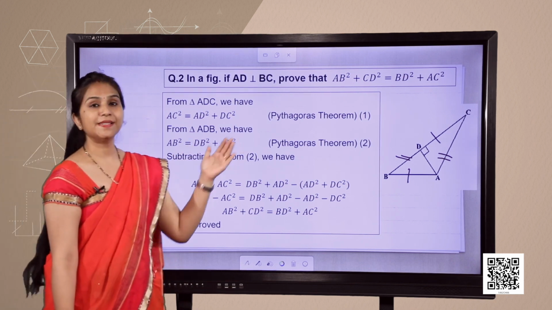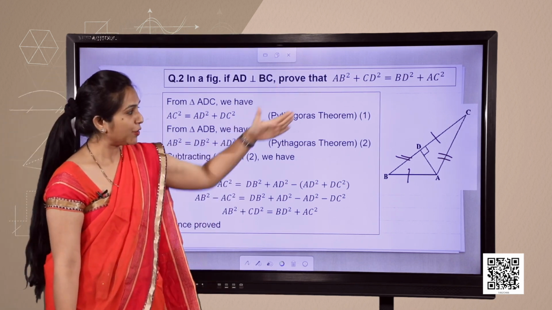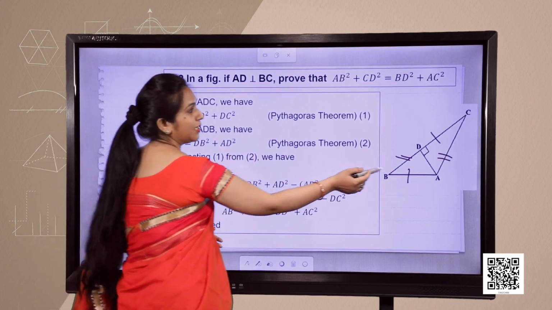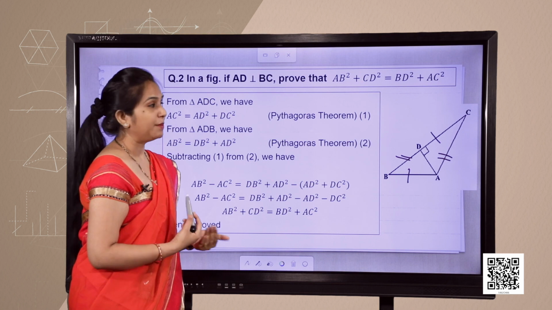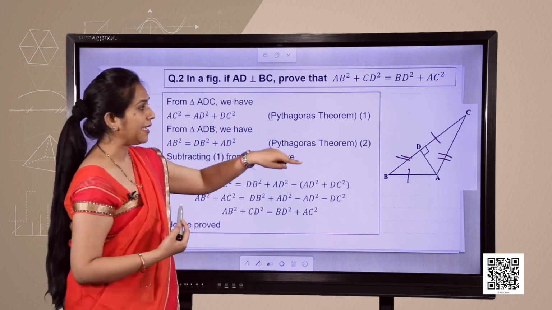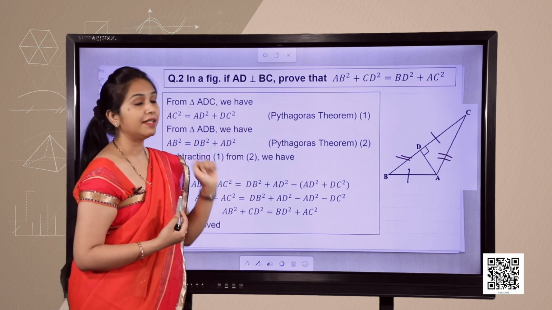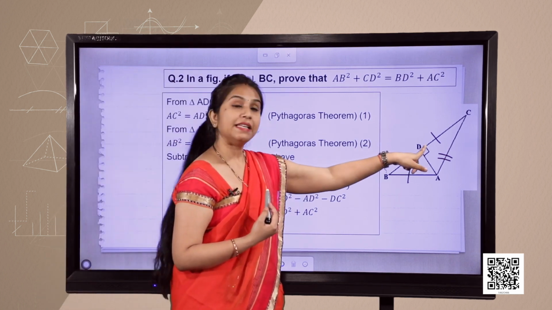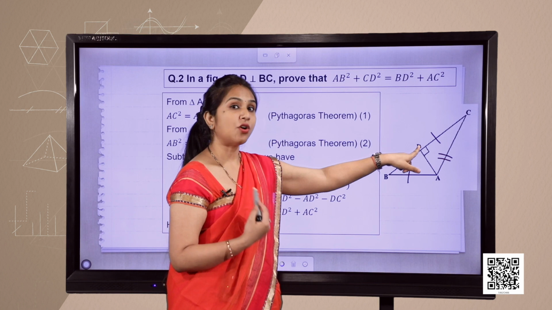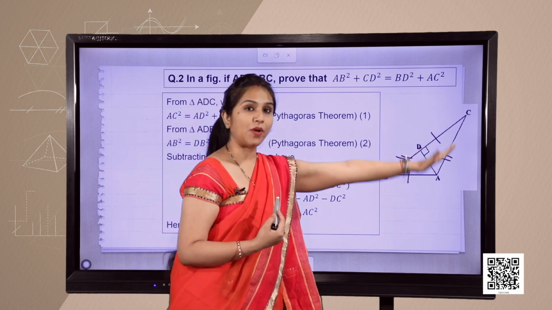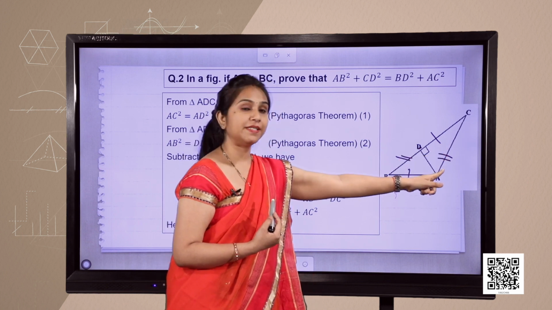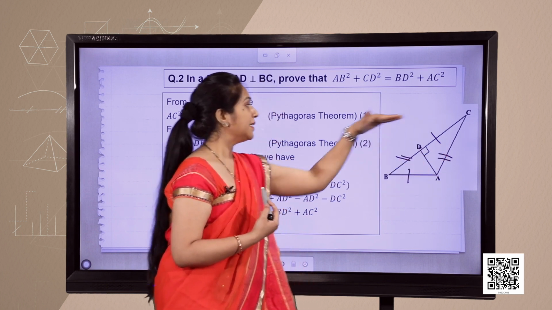Okay children, so you can see when AD is perpendicular to BC, it becomes a right angle triangle. So let's take both the right angle triangles one by one. First we are taking triangle ADC which is right angled at D, and by using Pythagoras property, see if a 90 degree angle is formed here, then which one is the longest side? It is AC square. So write down using Pythagoras property, AC square will be equal to AD square plus DC square.